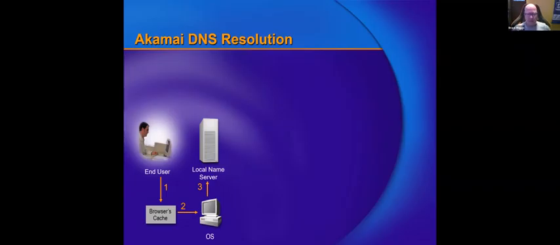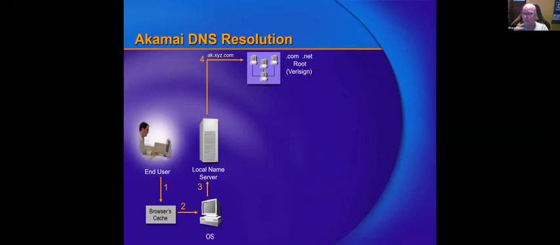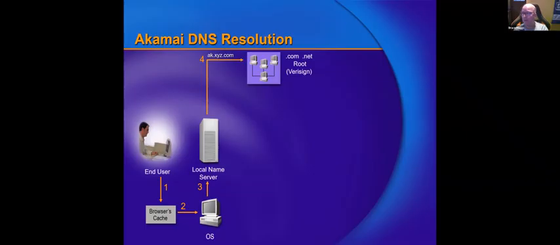And if the local name server doesn't know, it's got to go resolve ak.xyz.com. And so it goes to the authoritative name servers for the .com top level domain. That authority is run by a company called VeriSign. And they say, oh, you really should be asking the following name server that is the authority for xyz.com.